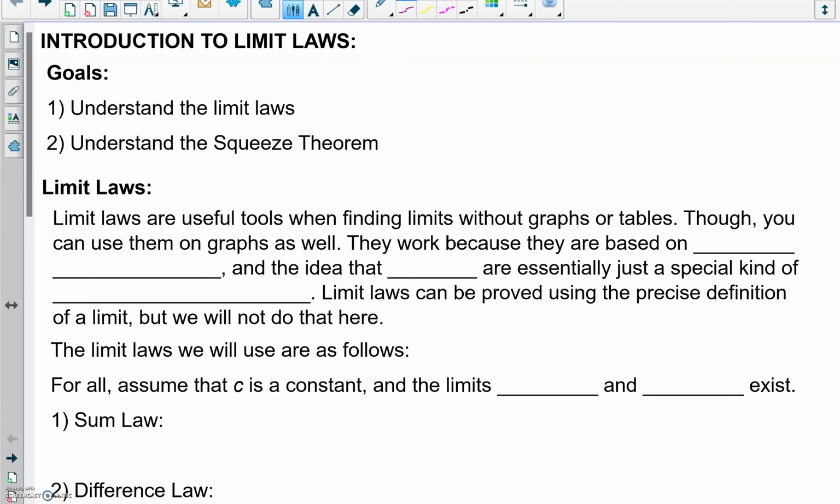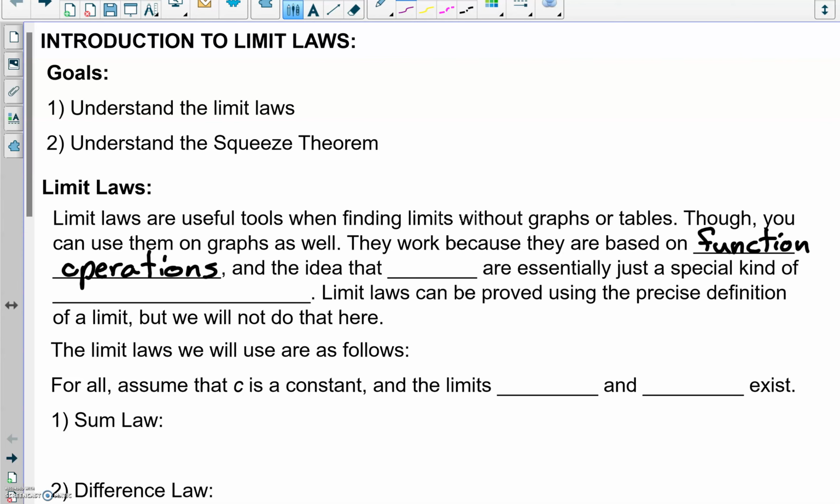Well, if you remember back to college algebra, you had operations that you did with functions, things like add, subtract, multiply, divide. So the limit laws are based on function operations. You're going to see addition, subtraction, multiplication, division, those same basic operations come into play.